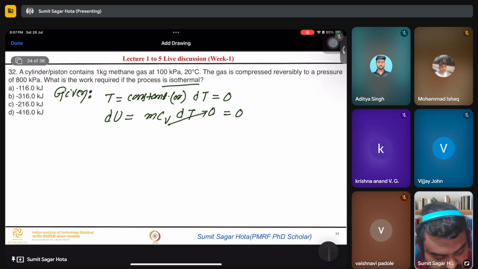So dU is 0, that means U1 is equal to U2.